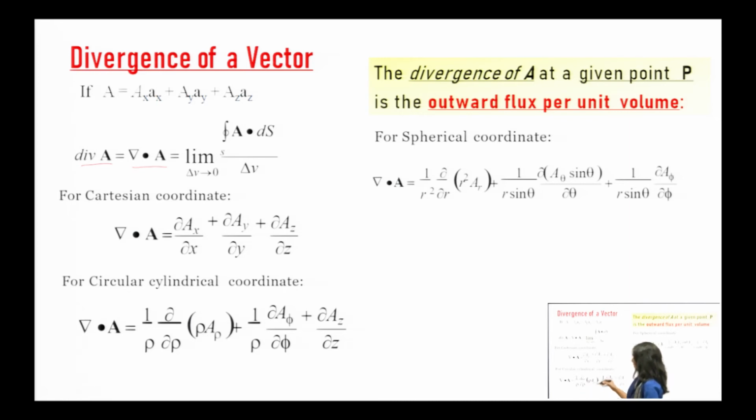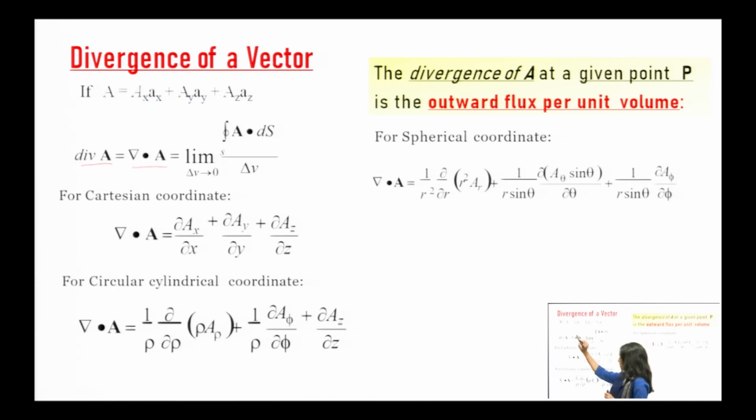As an example, we have taken a vector A in Cartesian coordinate, that is Ax ax, Ay ay, Az az. Now, if we want to find the divergence of this vector A, then we need to apply the dot product of the nabla or del operator.